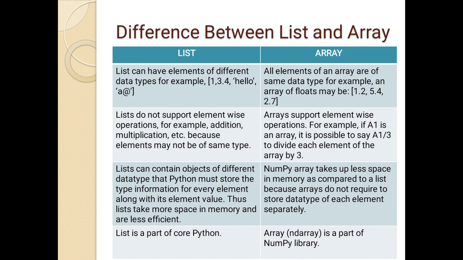So in memory for a list, along with the value, Python has to store its data type information also. So for 1 it has to store int, for 3.4 it has to store float, for hello it has to store string. But a NumPy array takes less space because each and every element is of the same size, same data type.